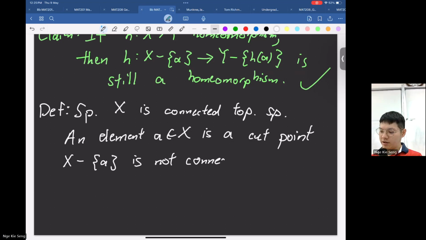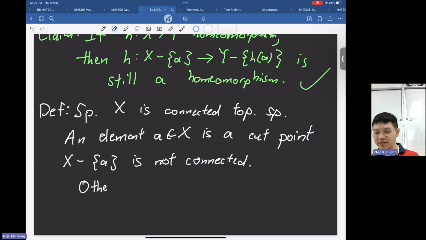Meaning you have a connected space, but if you remove this point, your space becomes not connected. It's like a knife. You cut it at that spot, then it's separated. So we call it a cut point. Otherwise, if you cut it and your space is still connected, then we call it a non-cut point. That's all, nothing special here.